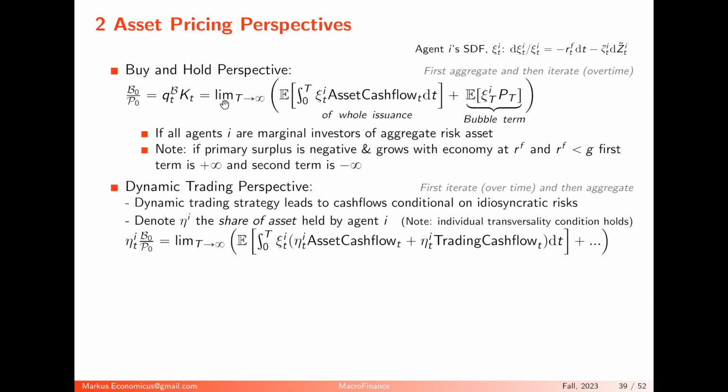Okay, that's essentially what you do, and then you have potentially a bubble term here. This should be the same guy here, just with a capital T. Okay. Now that's how we typically do it.